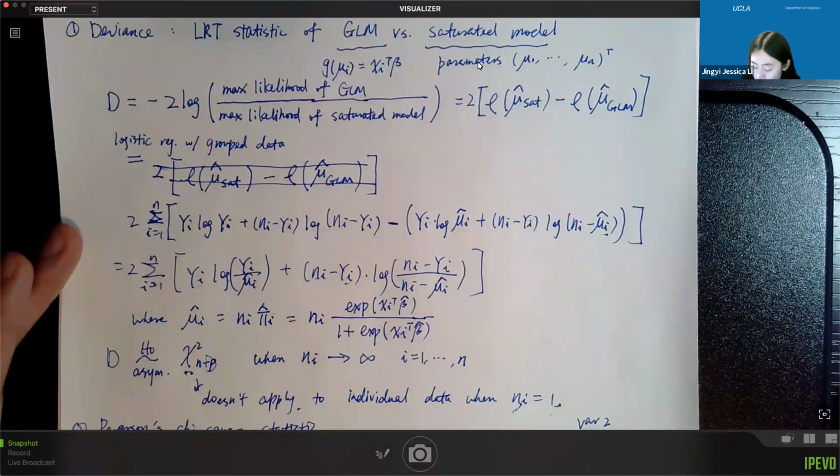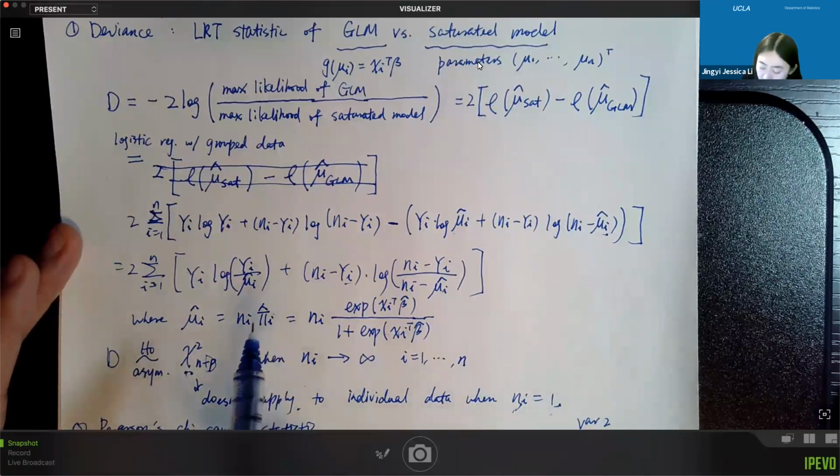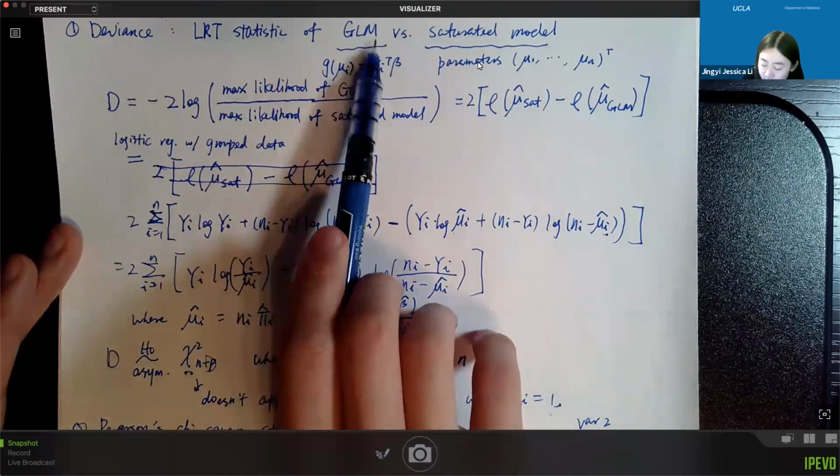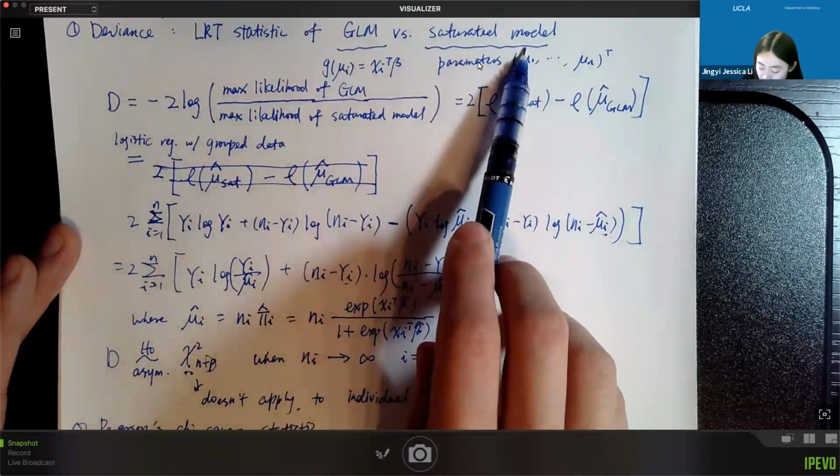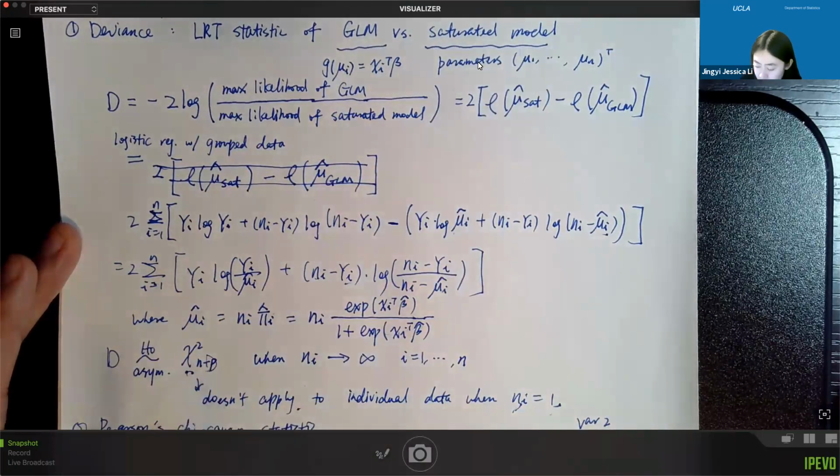Under that null, if we have D too large, that's a rare event. Then retrospectively, given this large D, we have strong evidence against our null, and we reject it. By rejecting the null, we are saying the GLM does not fit as well as the saturated model, considering the difference in degrees of freedom. Therefore, we conclude that the GLM fits our data poorly.